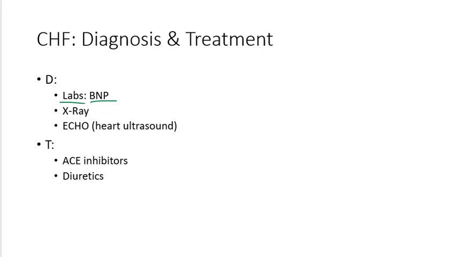It is a hormone which is released from the atria when the atria are distended, stretched. They release this hormone. It affects the diuresis, and it's supposed to help get the fluid out of the body. So it's supposed to reduce the intensity of the heart failure.